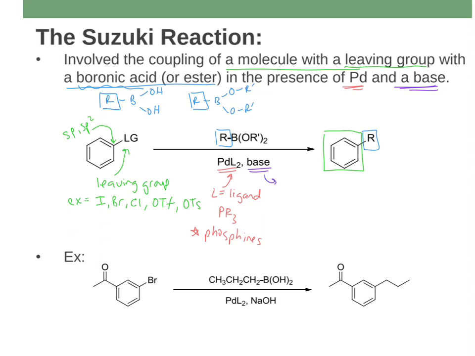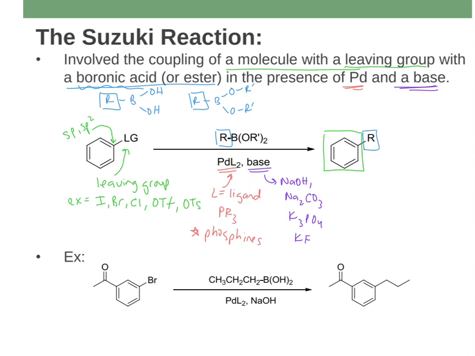And this base can be anything from good old sodium hydroxide to sodium carbonate or potassium phosphate, or even things like fluoride, KF, something weakly basic or even strongly basic. T-butoxide is used, just any kind of base. If you see a base, we're good. We throw it in there and we can do our Suzuki reaction.